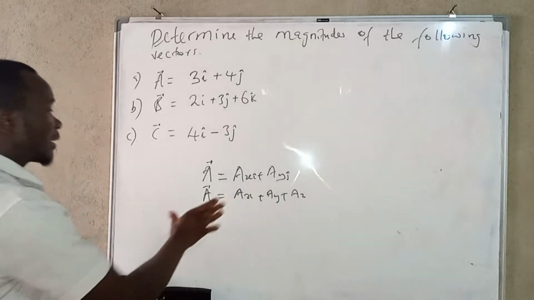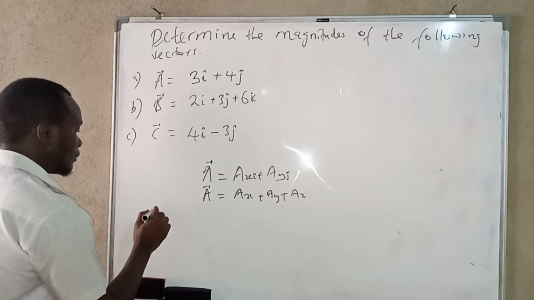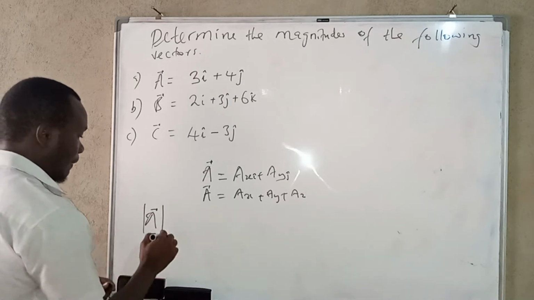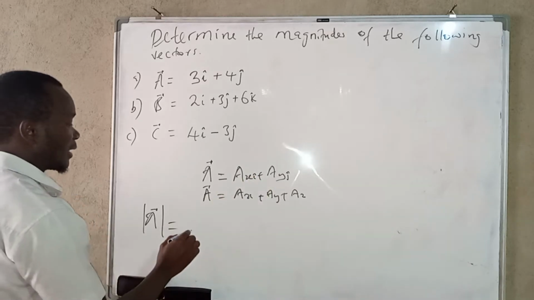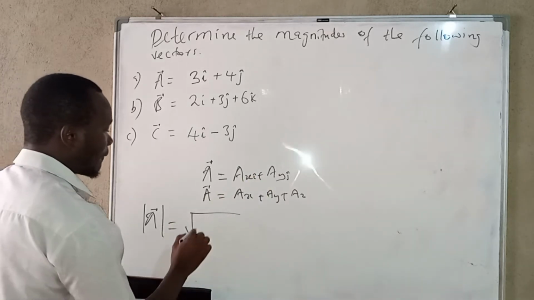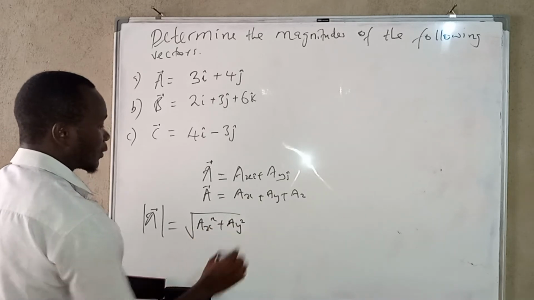Now, from this, the magnitude of a vector, if you want to find the magnitude of this, is given by the square root of ax squared plus ay squared.